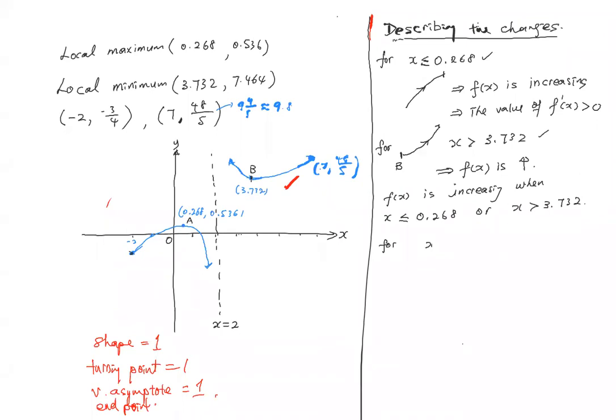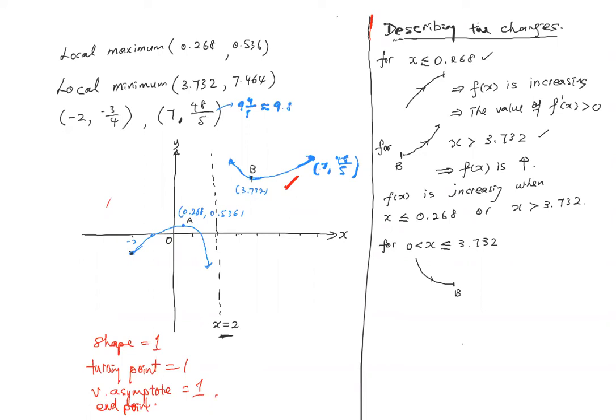So the other one, for x, be careful, x cannot be 2. So for x greater than 2, but less than or equal to 3.732, the graph is like that, am I right?